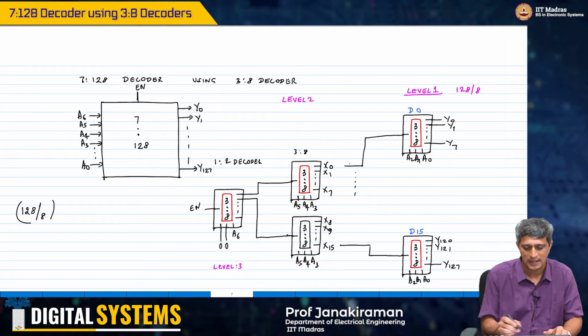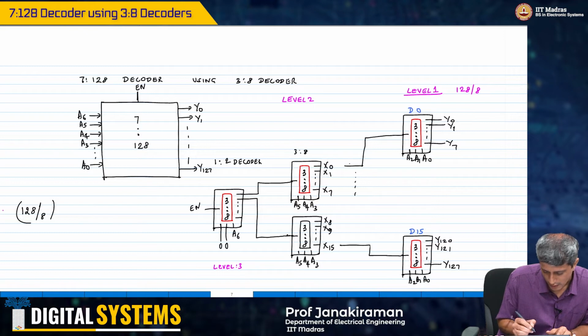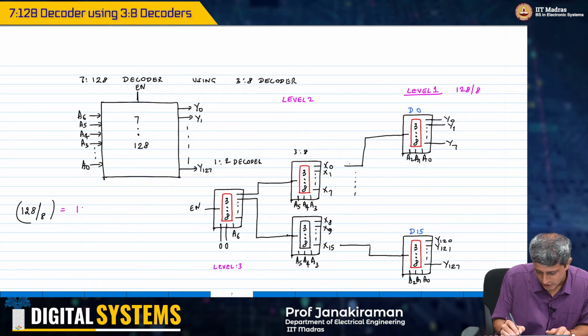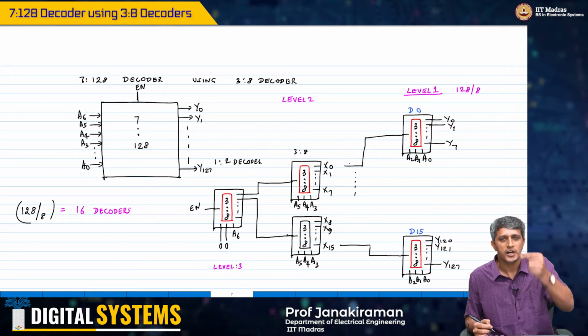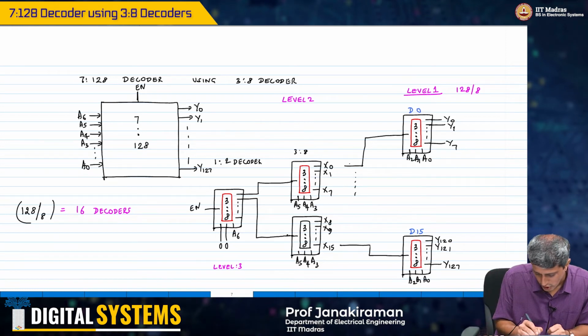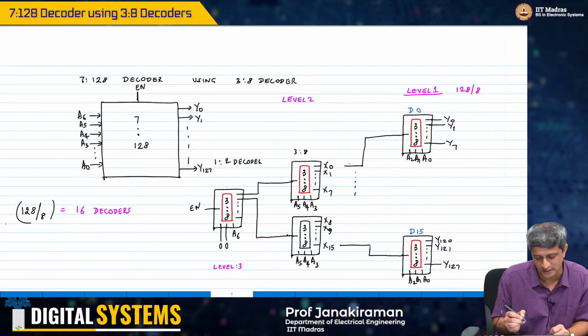So how many at level 1? You needed 128 by 8, which is 16 decoders, right, and then you needed a 4:16. The 4:16 basically had 2 levels, okay.